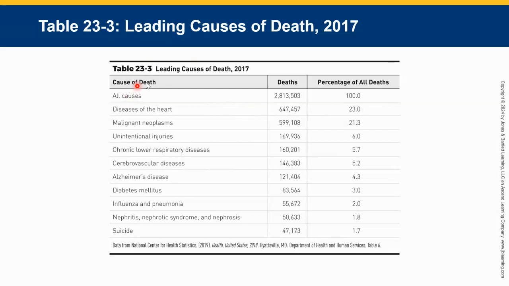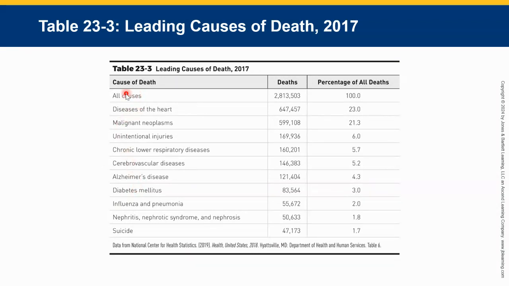So for example, if we would have made this list in 1900, pneumonia, tuberculosis, and diarrhea would have been the top 3 killers in the United States, and that's no longer the case today because infectious disease control has come a long way, and environmental health, public health programs, and social programs have played a huge role in reducing these risks of pneumonias and tuberculosis and diarrhea infections from food and water sources.